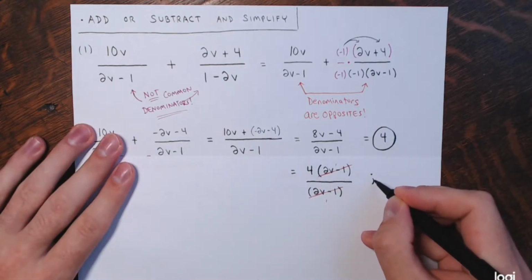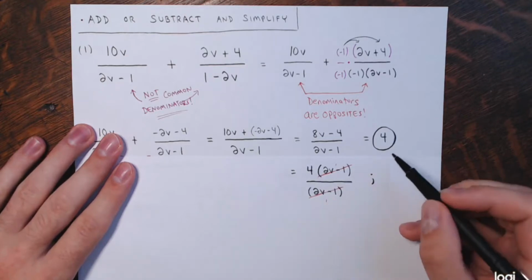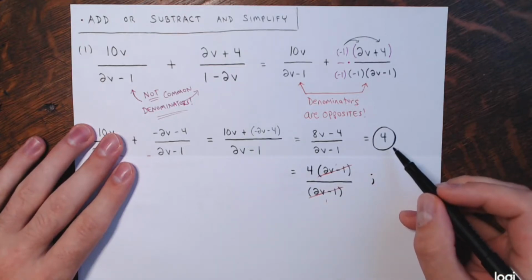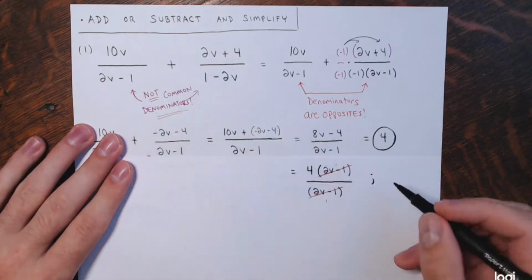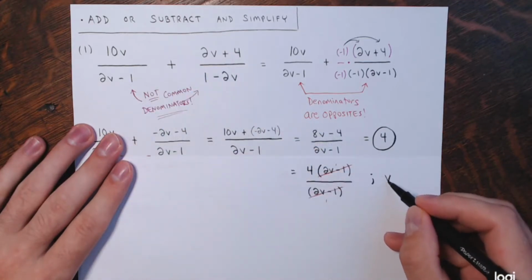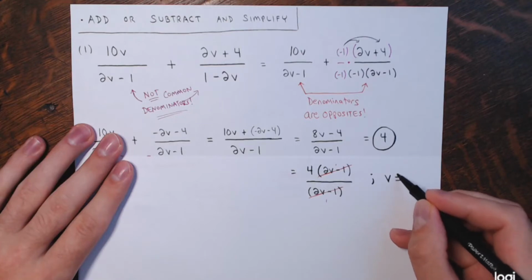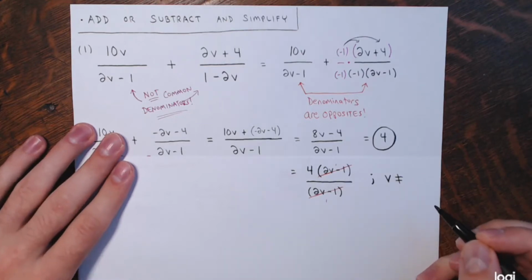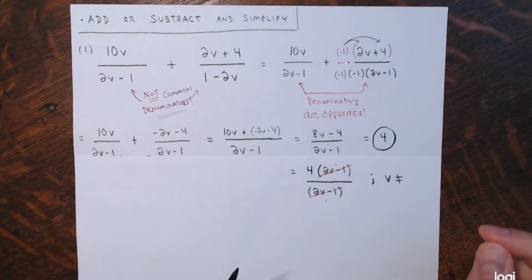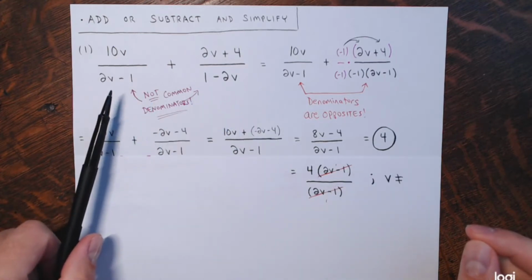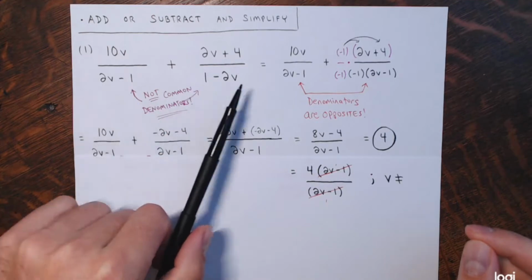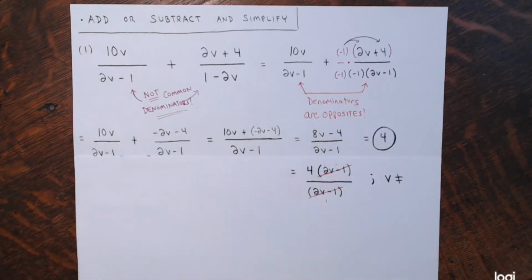So usually I do this earlier, but I'm going to do this with every example here. If the expression has variables, I would like to point out the values that the variable can't be. Now remember, the values that make your expression undefined are any values that make a denominator equal 0 throughout the problem.